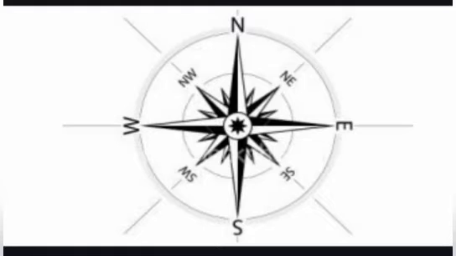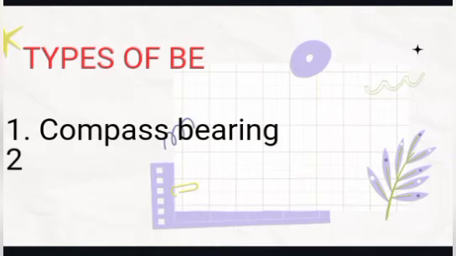Now here you have the picture of a compass showing the four main compass directions, north, south, east, and west, and also showing the four secondary compass directions. You have northeast in between north and east, southeast in between south and east, southwest in between south and west, and northwest in between north and west. So these are the four directions.